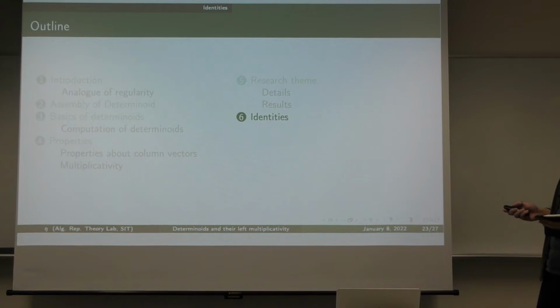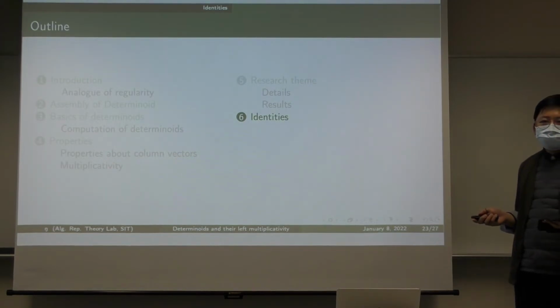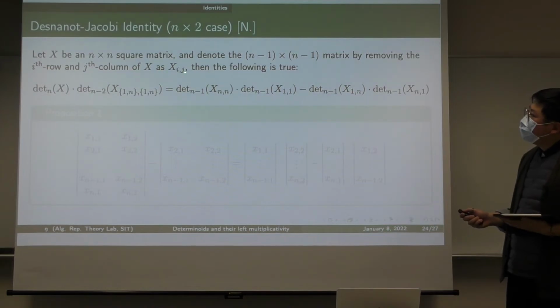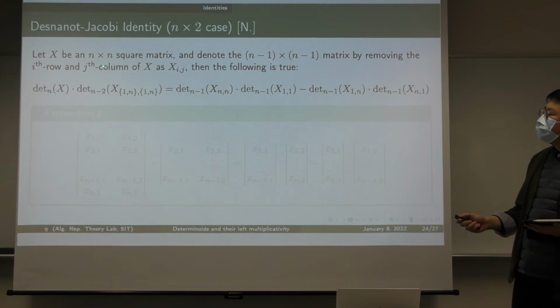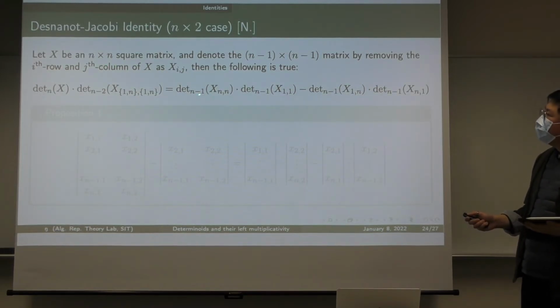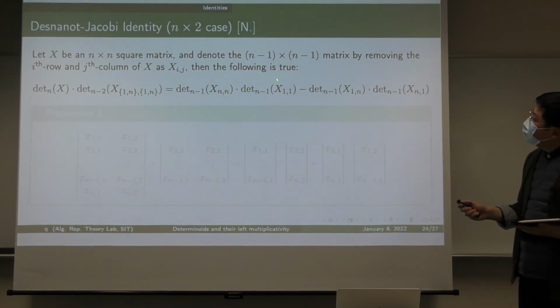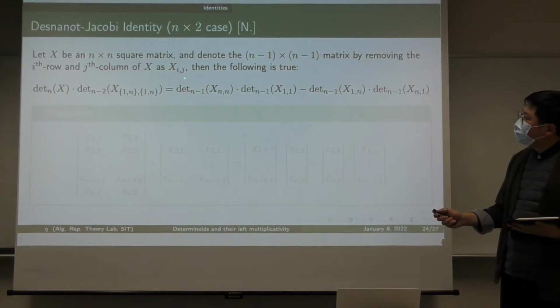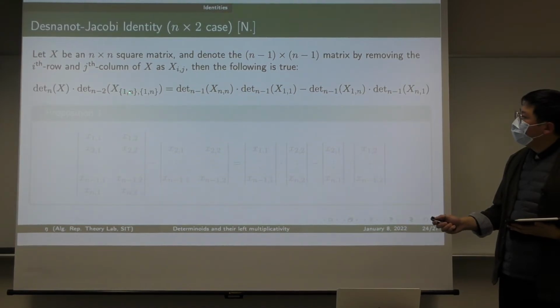And lastly, I would like to introduce identities, because we like them. First of all, the original identity is called the Determinant-Jacobi identity. For an n by n square matrix, when we remove a row and a column, we will write it as a subscript ij, and if we remove more than one, we will use a set notation here.